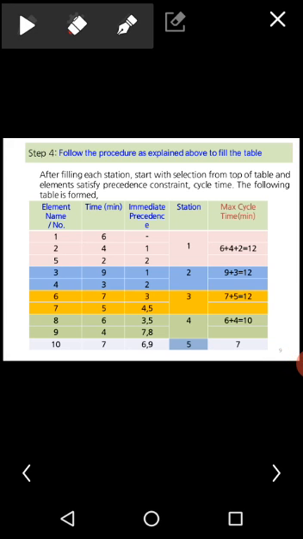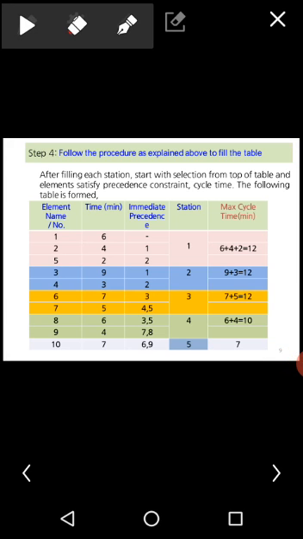Now we can calculate the time period. 6 plus 4 is equal to 10. Okay, we have one more element, what is that? The 10th element. If we consider the 10th element in station number 4, it is going to exceed the time factor. So we consider only 2 elements in station 4 with a time of 6 plus 4 equal to 10. Here we can say the delay period is 2.